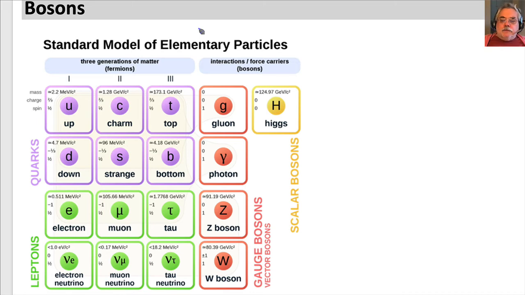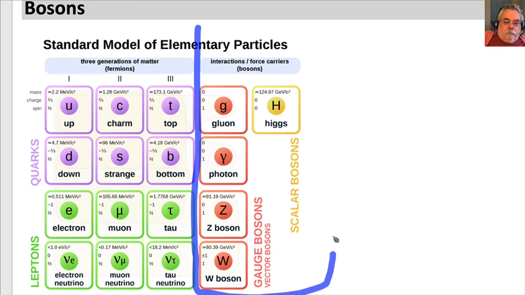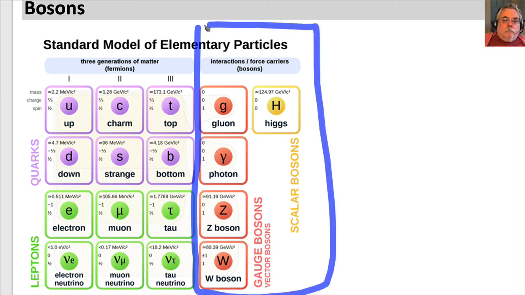The two columns to the right of the elementary particles chart are the boson particles that carry forces and interactions between particles. The orange column is 4 boson particles with spin 1.